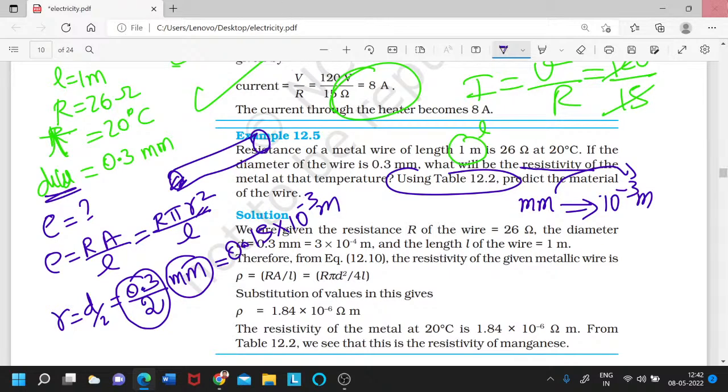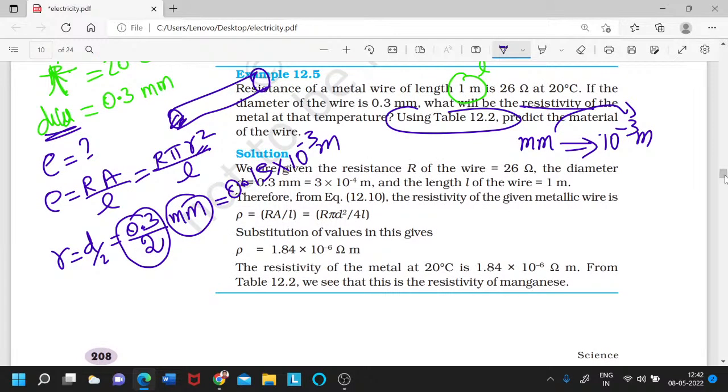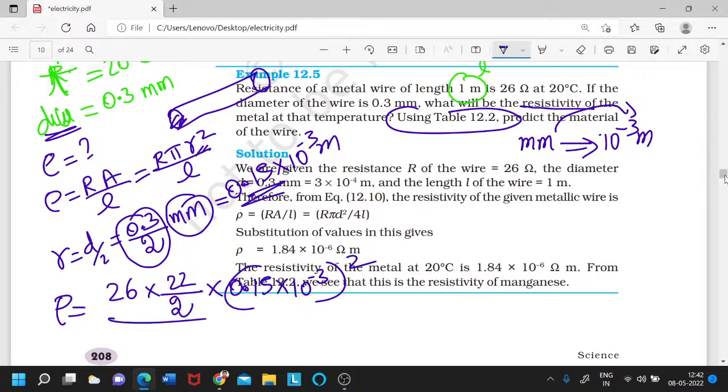Now I am going to do the problem. Resistivity, resistance how much? 26. Pi is how much? 22 by 7. R is how much? 0.15 into 10 power minus 3, whole square, divided by length which is 1.